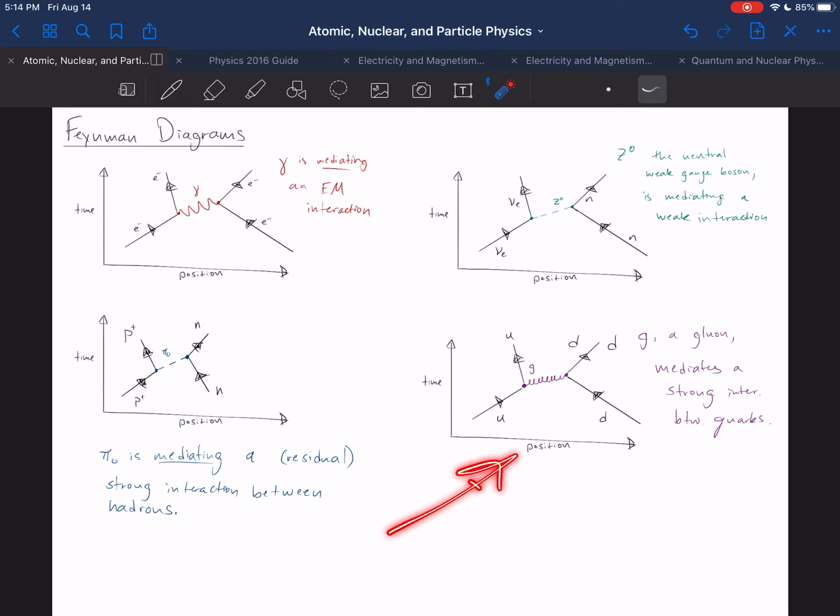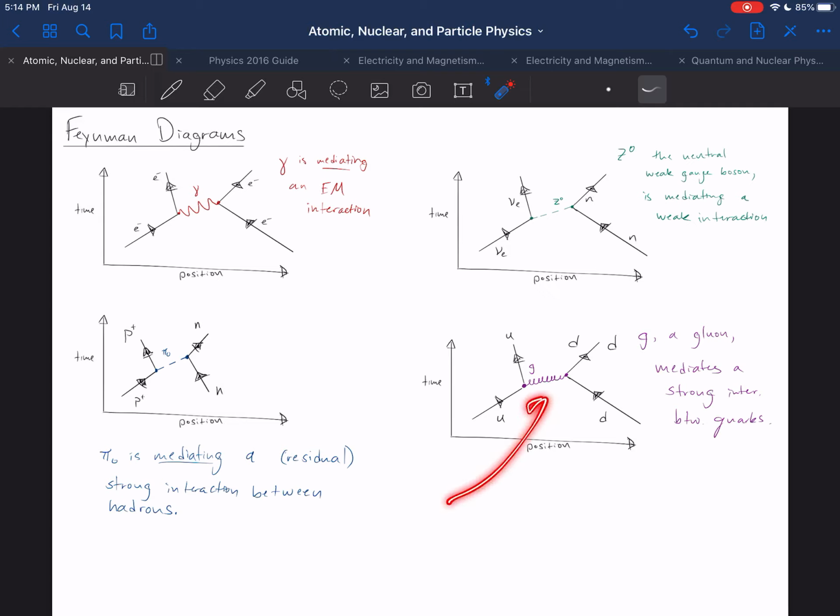And in this bottom right-hand corner, we can see a direct strong interaction between quarks. So in this particular case, an up quark is emitting a gluon directly, and that gluon is being absorbed by a down quark. And the gluons mediate the strong interaction directly between quarks.